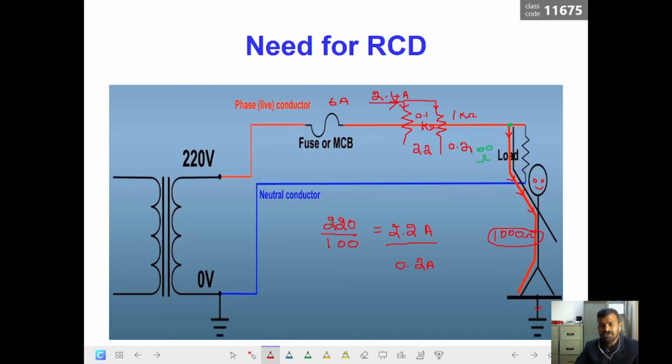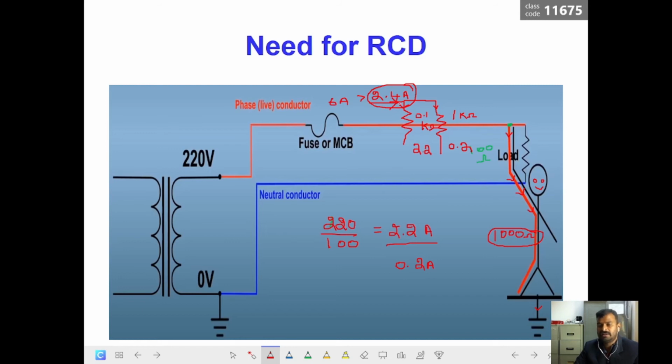Now this 2.4 amperes of current is very much lesser than the rated current of this fuse. You will agree, because there is a 6 ampere fuse rating or MCB rating, and including the fault current, it is drawing only 2.4 amperes.